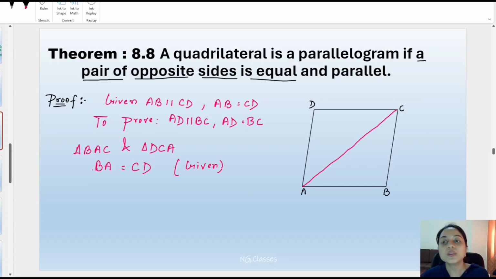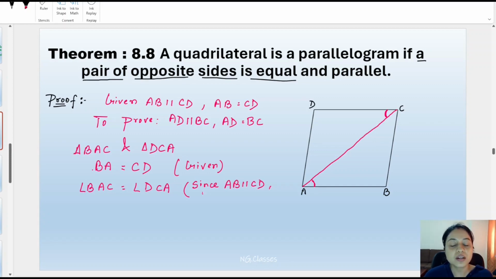We also know that since AB is parallel to CD, angle DCA will be equal to angle BAC, a pair of alternate interior angles. So let's write it. Angle BAC is equal to angle DCA, since AB is parallel to CD and these two are a pair of alternate interior angles.